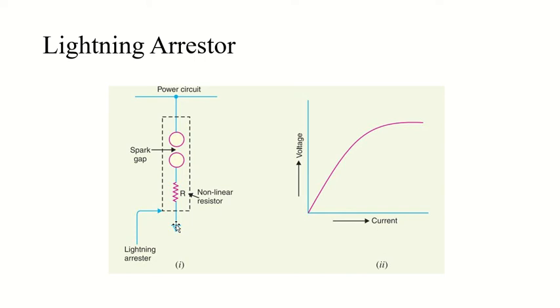Now, two things must be taken care of in the designing of a lightning arrestor. First thing, when the surge is over, the arc in the gap should cease. If it fails to cease, then the current will continue to flow through the resistor, and both the resistor and the spark gap will be destroyed, which means your lightning arrestor will be destroyed.